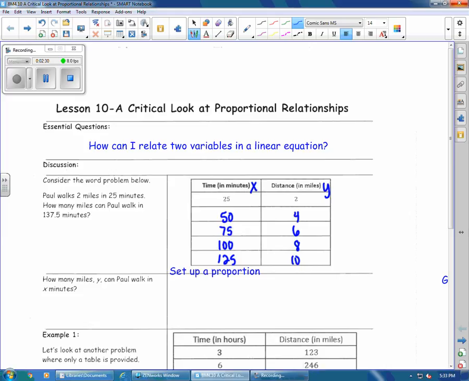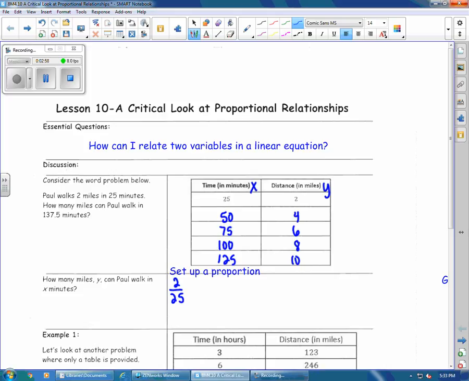We're going to say that y is going to be our distance variable. I want to stay organized with my data. I want to make sure that I'm keeping my time lined up with time and my distance lined up with distance. So I'm going to put my distance, how far he travels, on top, and my time, how long it takes him, on bottom.